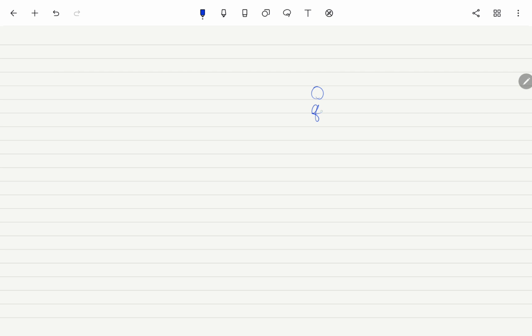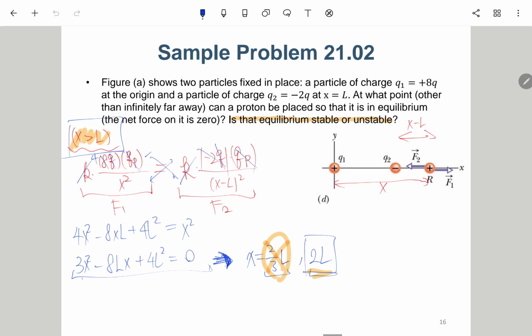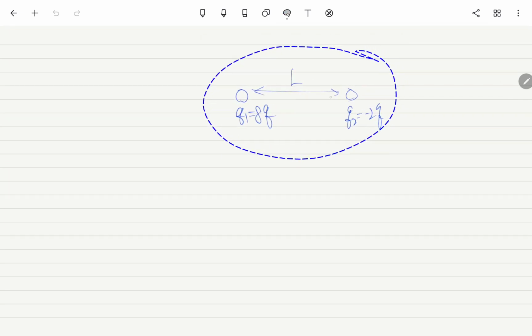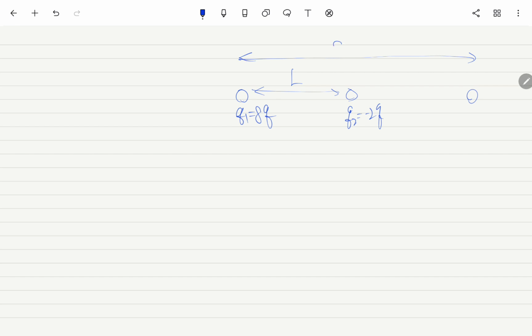Here we have Q1 to be 8Q at 0, and then Q2 to be negative 2Q, and this distance is L. And then x is 2L, so from here to here is 2L.